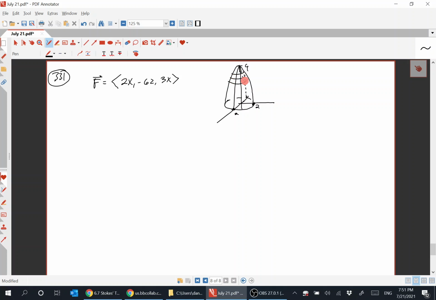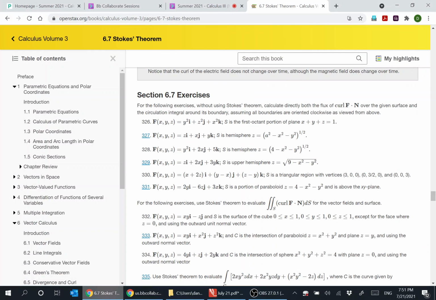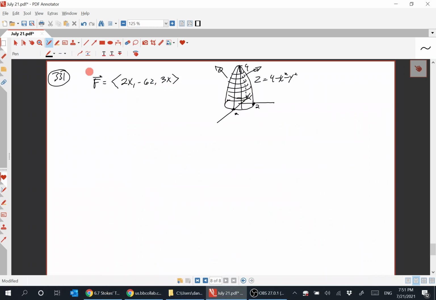So that's the paraboloid, and of course it's going to be oriented in the outward or upward direction. All boundaries are oriented counterclockwise when viewed from above.